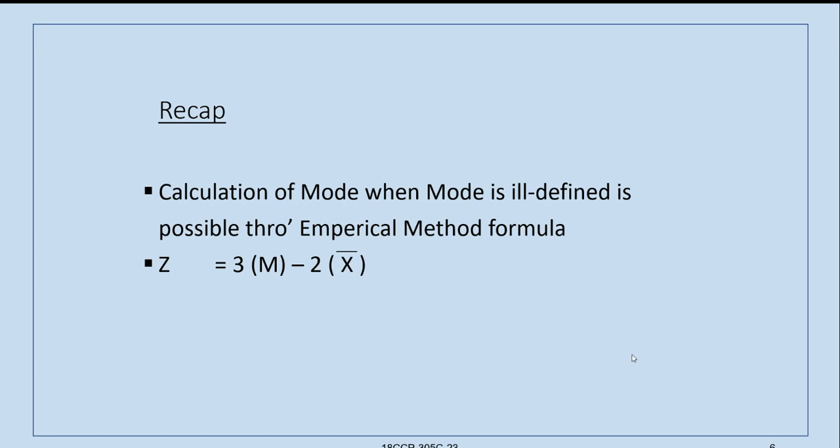If the mode is ill-defined by using the previous formula, then mode is calculated through the empirical method, where mode is equal to 3 median minus 2 mean.